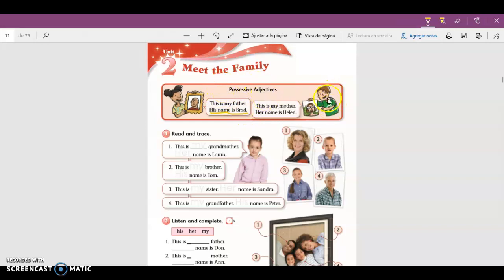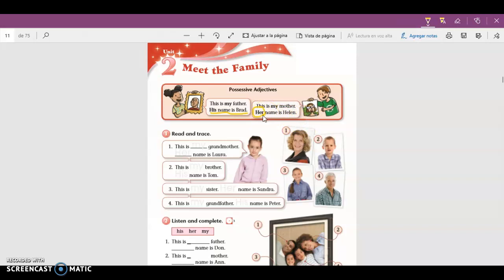And now the boy, look at the boy. The boy is talking about his mother. He said, "This is my mother. Her name is Helen." So, if you are talking about a girl, you use the word her.